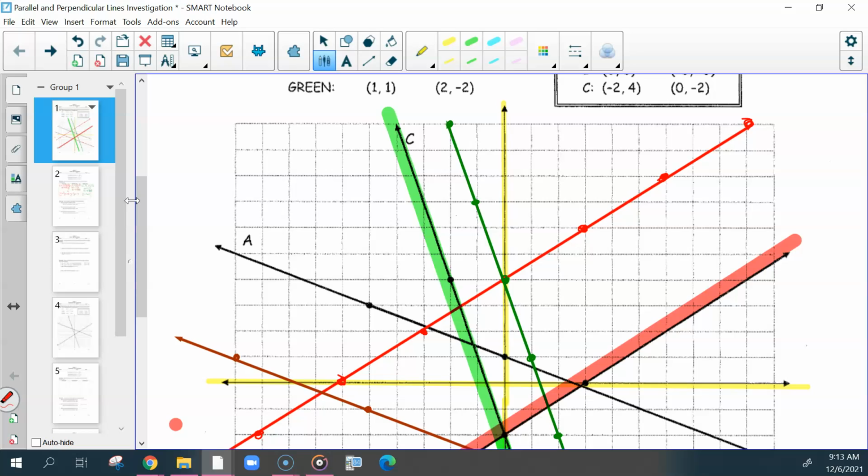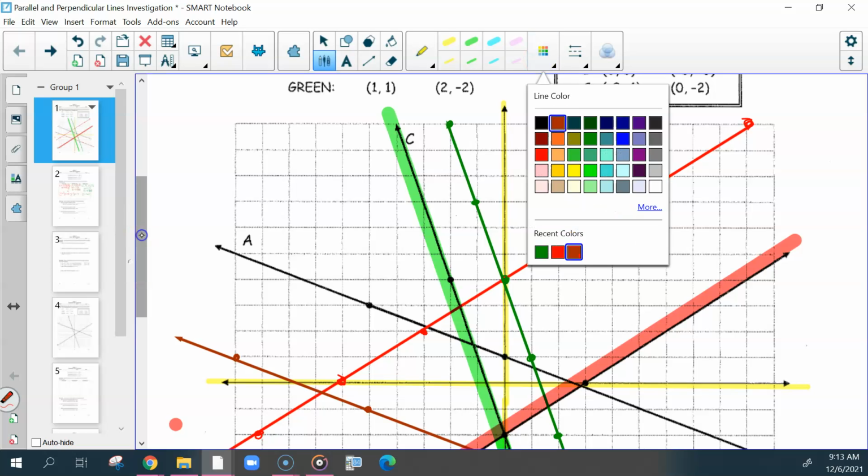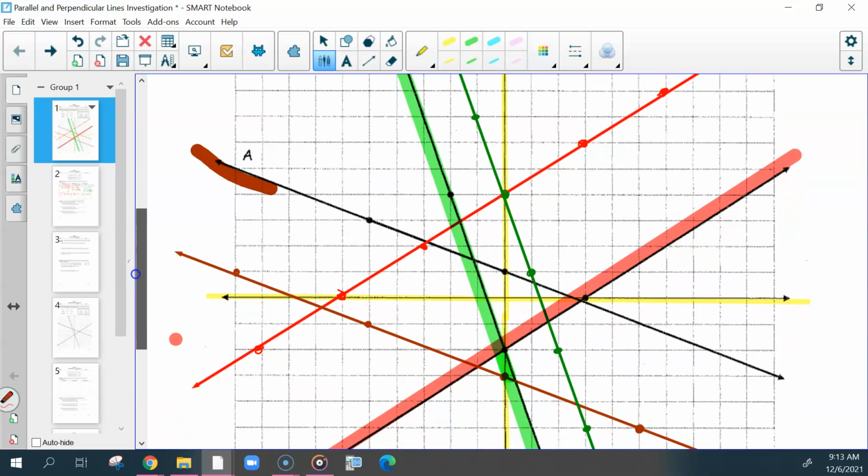We got those two? A and B. So when we think about parallel lines, they look like they're going in the same direction, but they're never going to actually touch each other.